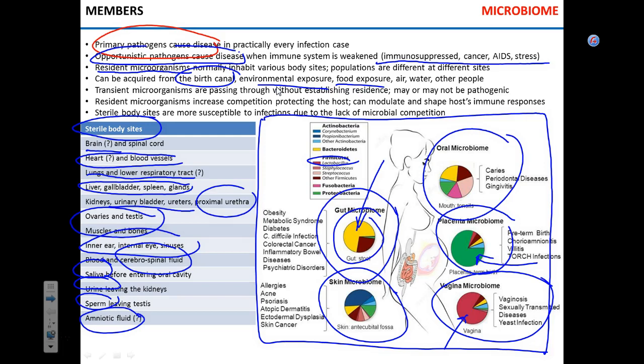Now, the first thing that's captivating our attention in regards to microbiota: microbiota is different at different body sites. Your oral microbiome is different from your colonic microbiome, and it's different from vaginal microbiome. Got it? Second, it's very stable, meaning that you're going to have two dominant taxa, bacteroides and firmicutes, in the gut.